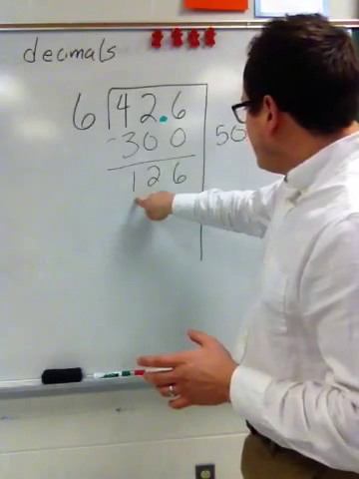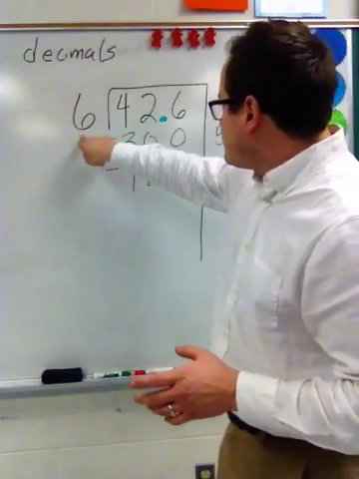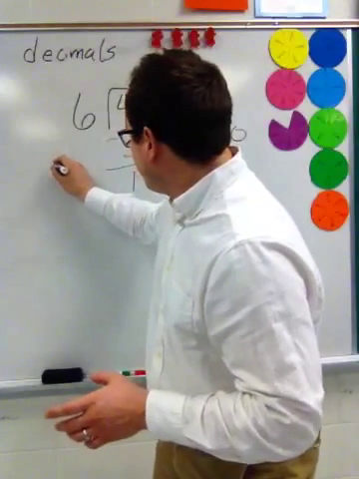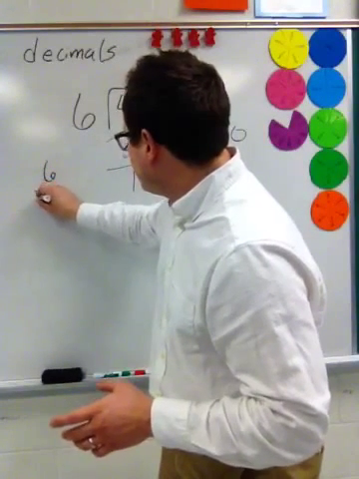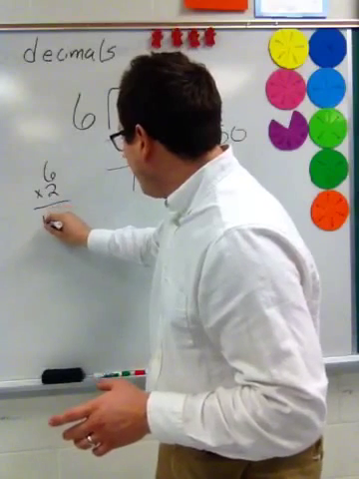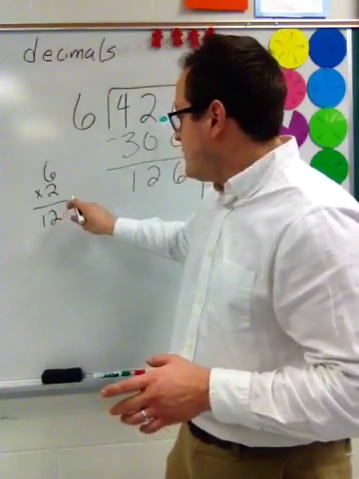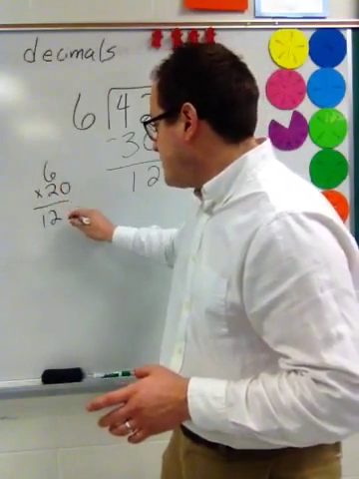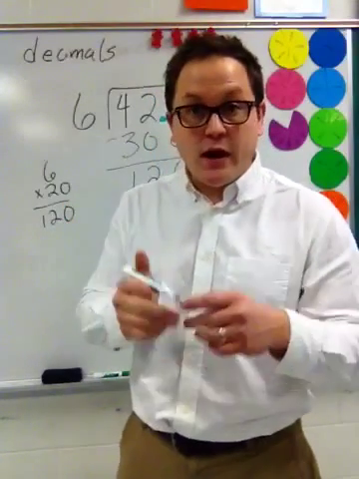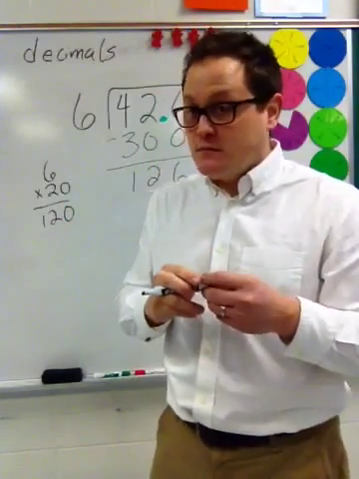Wait a minute. 12. I know that 6 times 2 is equal to 12. Well, 6 times 20, add a 0, would have to be 120. That's good.